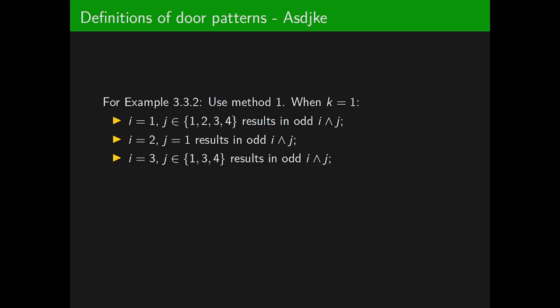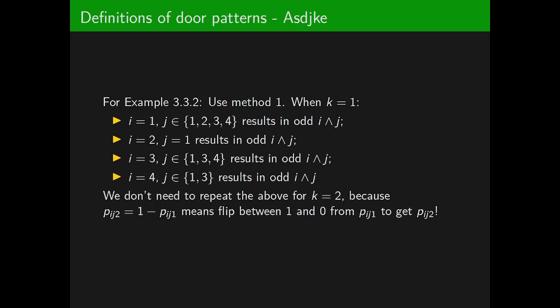I equals 3. Then we repeat it again. We can see j equals 1, 3, and 4 will result in the odd i minimum j. And then i equals 4, then j is just 1, 3. And then, guess what? K equals 2, do we really need to repeat? No. Because we say Pij2 is equal to 1 minus Pij1. What does it mean?